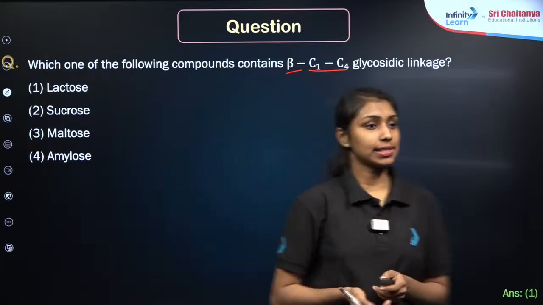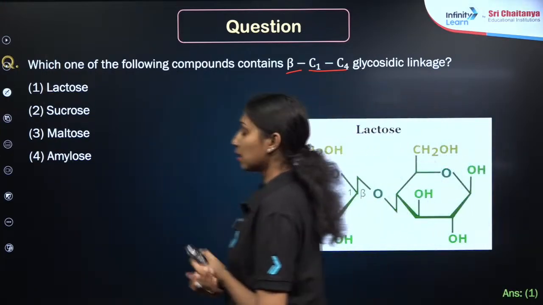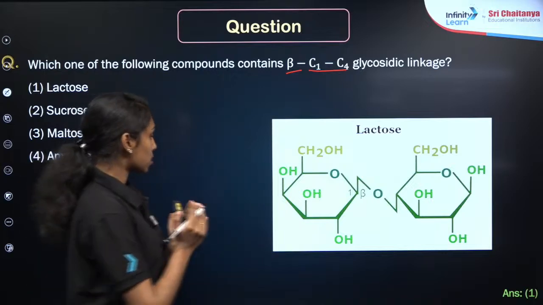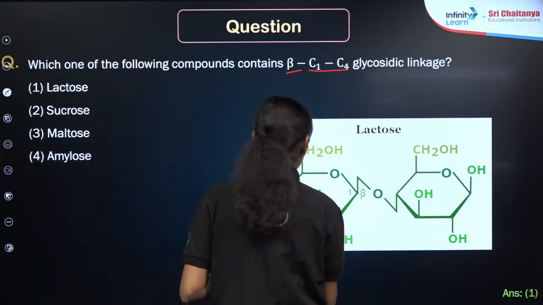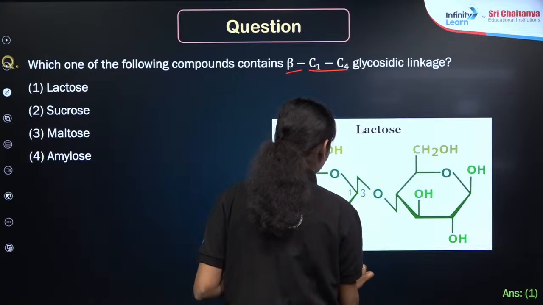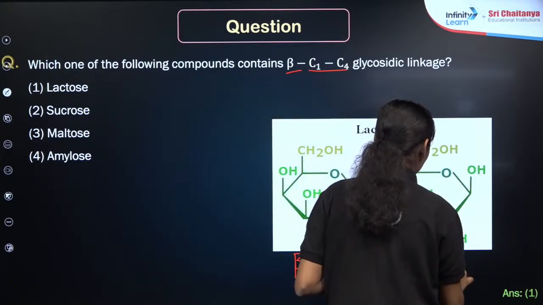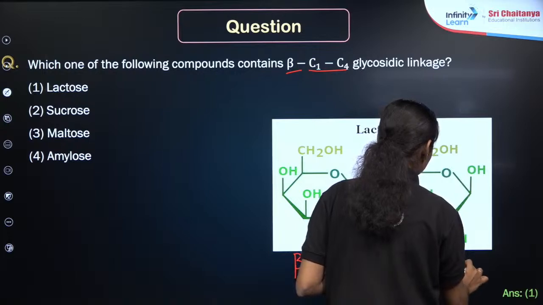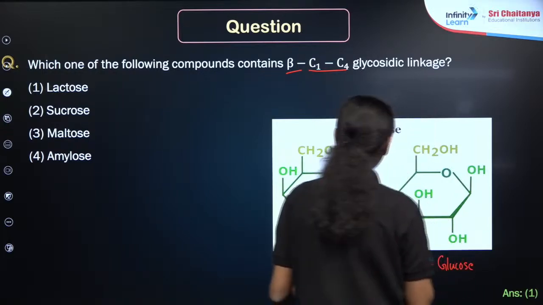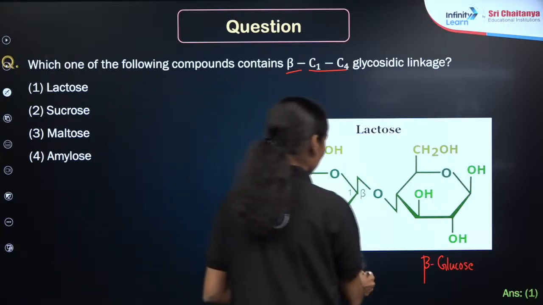Lactose will be the correct answer. As you can see over here, this is the structure of lactose, right? Lactose is formed by the combination of beta galactose, right? This is the beta galactose. This is our beta glucose, right? Beta galactose and beta glucose. As we already know, glucose and galactose are the C4 epimers, right?